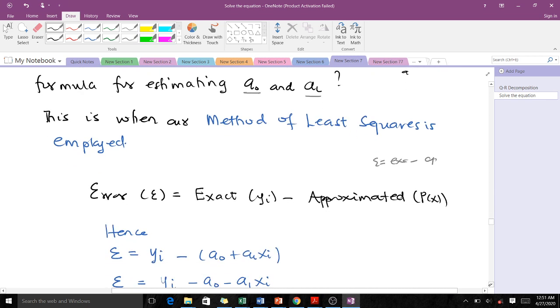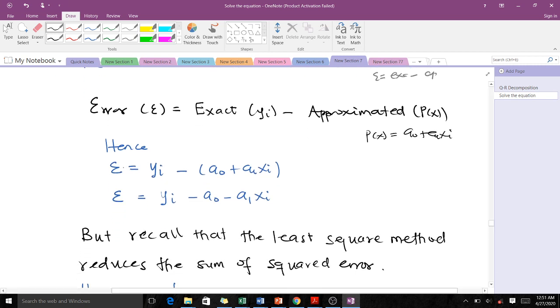So the error is the exact minus the approximated, as I've said. So remember that we said we are approximating it by a line. So it was given as p of x equals a naught plus a1 xi, right? That means our error is the exact, which is yi, minus the approximated.